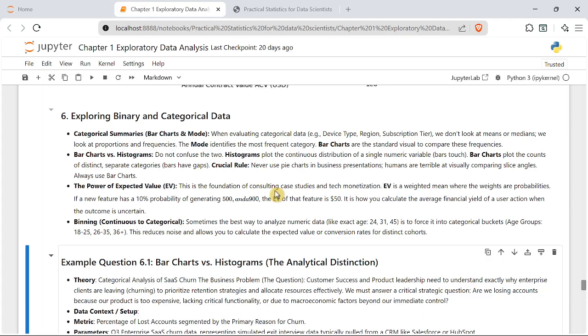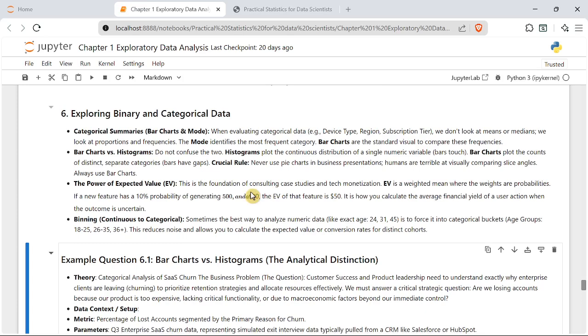Bar charts versus histograms. Do not confuse the two. Histograms plot the continuous distribution of a single numeric variable, bars touch. Bar charts plot the counts of distinct separate categories, bars have gaps.